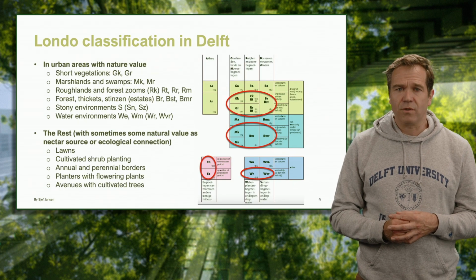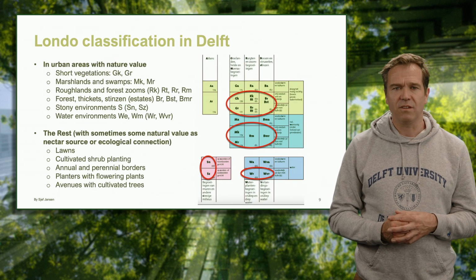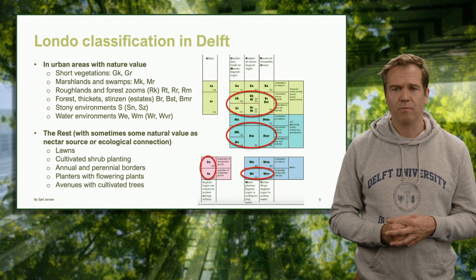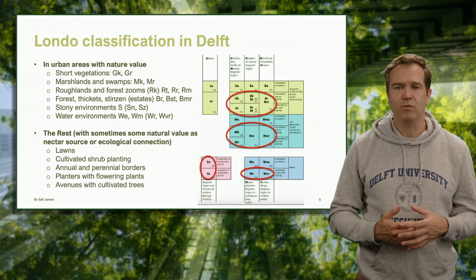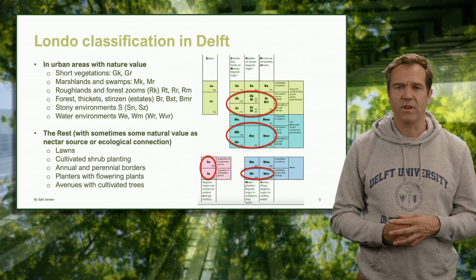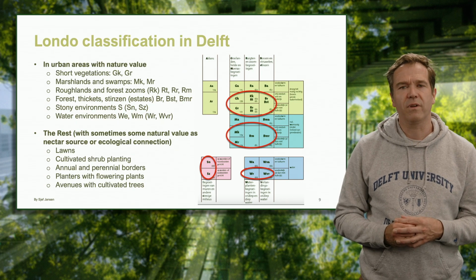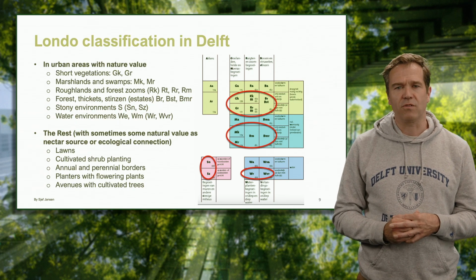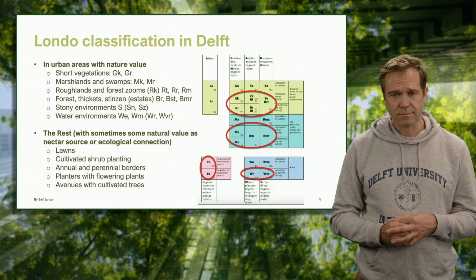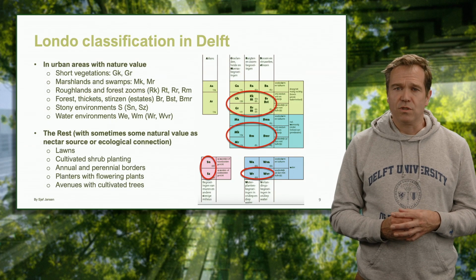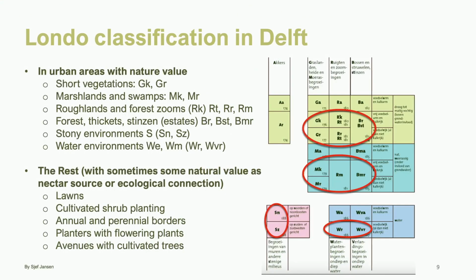Here an example for the city of Delft is presented, linked to short vegetations, marshlands and swamps, roughlands and forest, forest thickets, stinzens, or also called old estate areas, and stony environments and water environments. You can use this in your area as well, and again adjust where required.